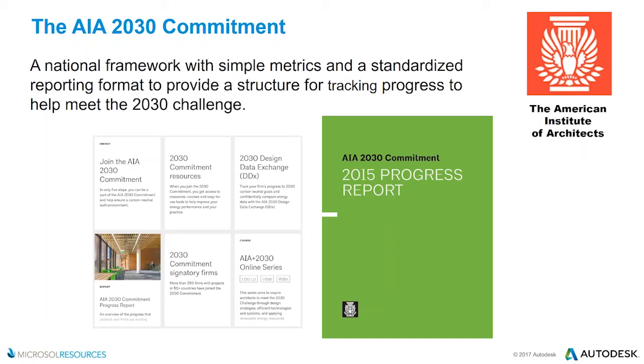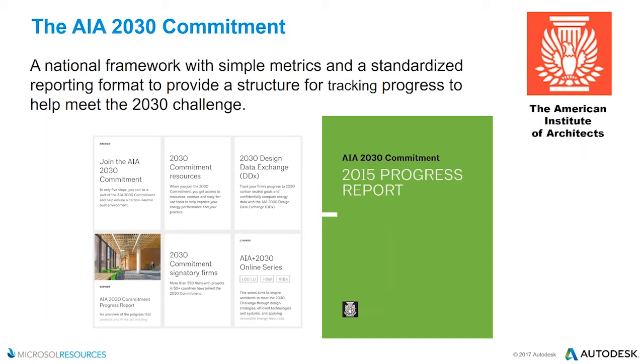Also critically, there's the 2030 DDX, the Design Data Exchange. That's where all of the annual reporting takes place as an online resource, and we've made a connection to that tool with Insight that I'm going to show you, so you'll be able to see how you can speed up that process.